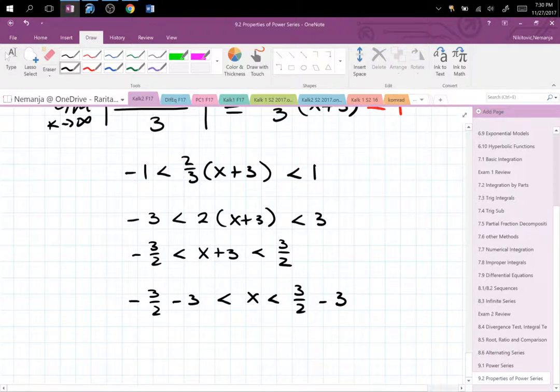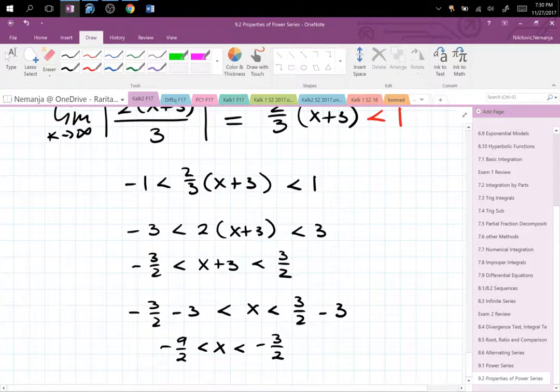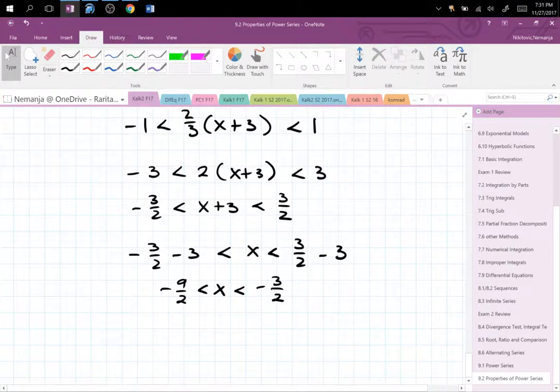So now 3 times 2 is 6, so 9/2 less than x less than -3/2. Do we see the center at -3? So our interval of convergence is -9/2 to -3/2.